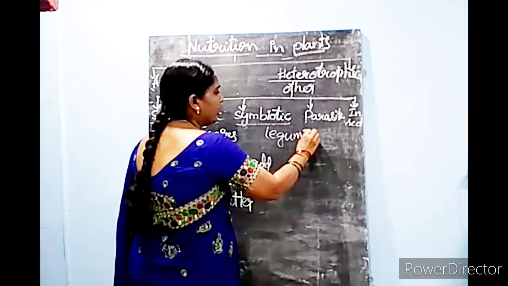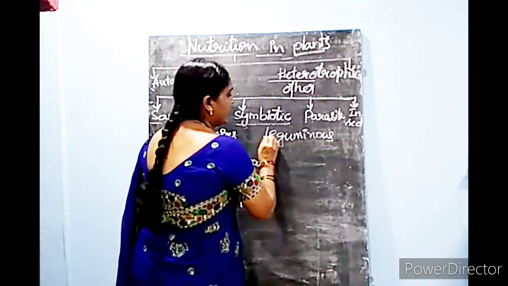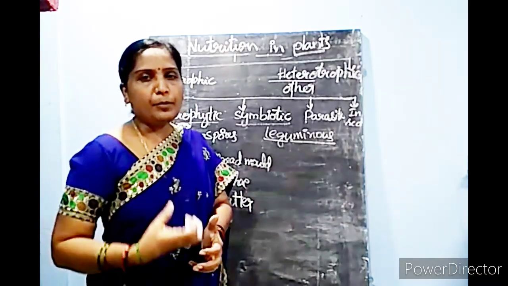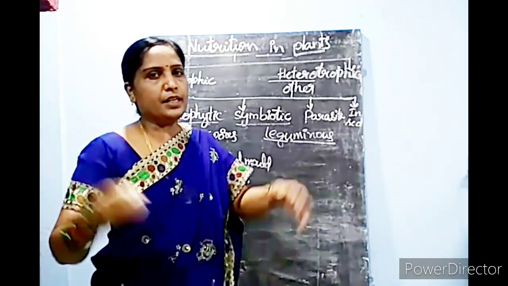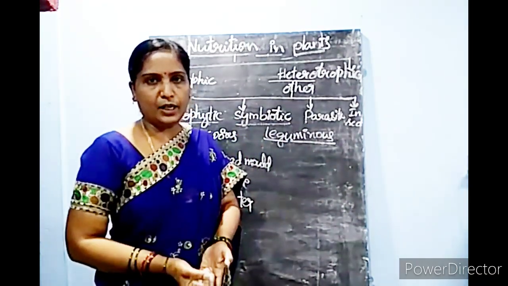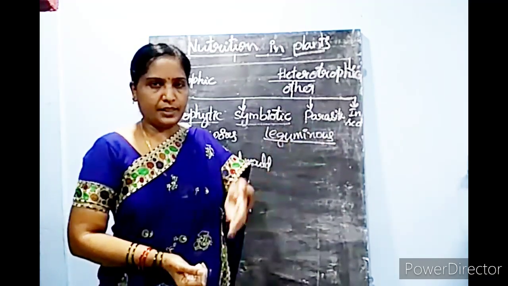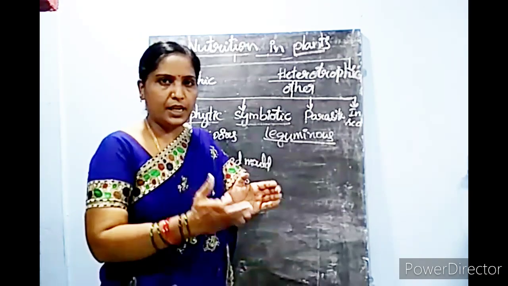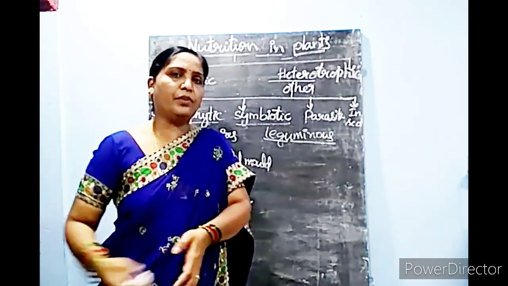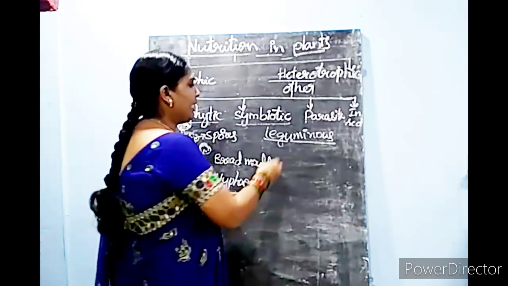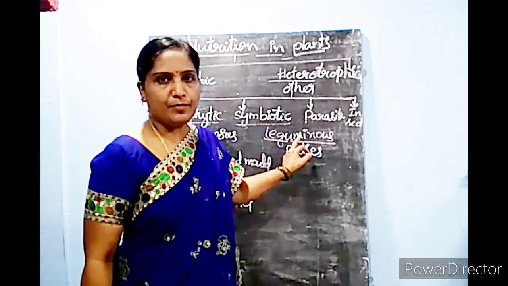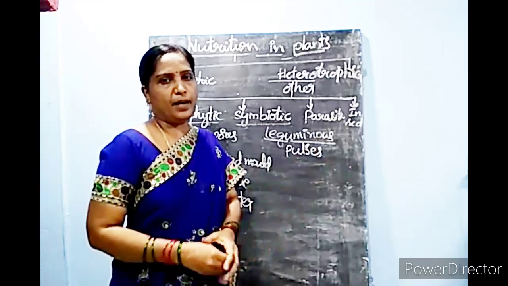What we call the leguminous family: to read about the different plants, there are millions of plants around us. So botanists, the scientists who read about plants, arranged the plants into different families. The plants which are giving us pulses all come under the leguminous family.